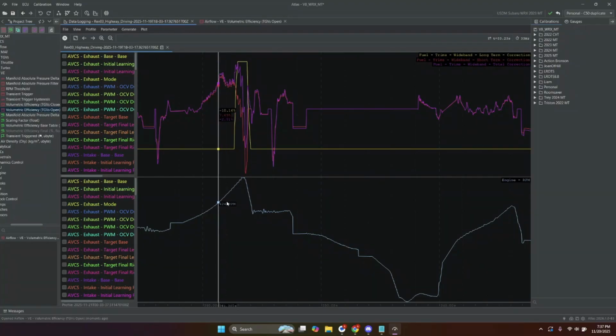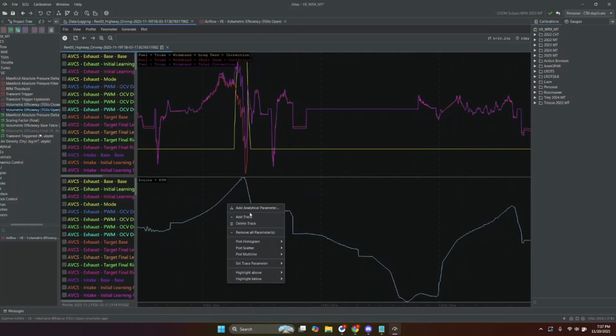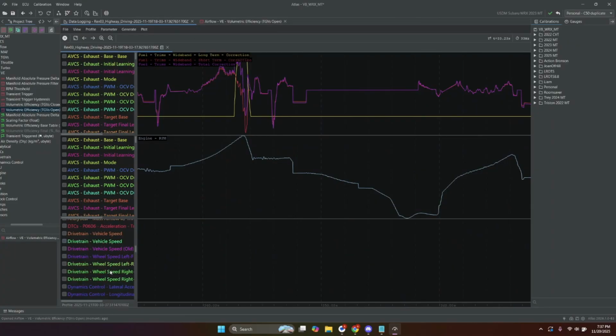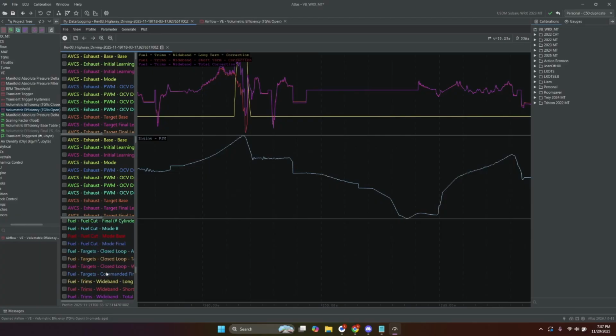The only difference is if you're working with TGVs open and closed, I would add another track, and somewhere in here there is a TGV activation percentage or whatever it's called.